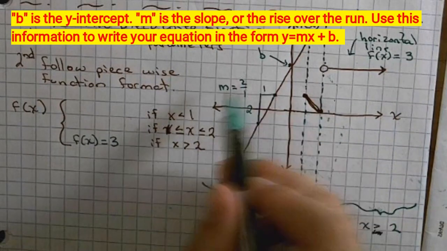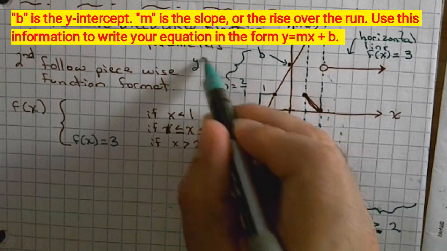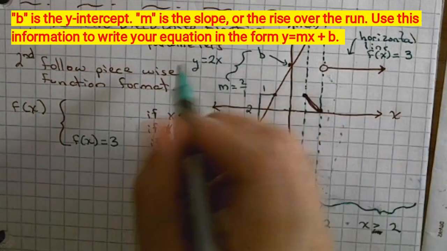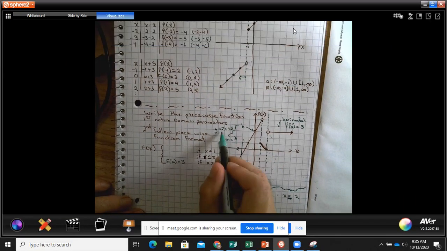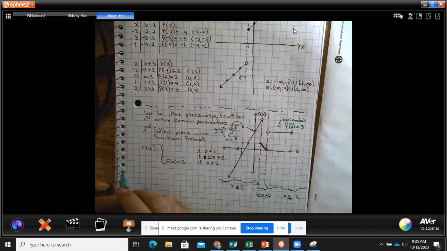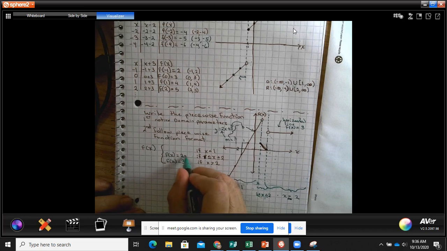So I'm going to combine those two ideas to get y equals 2x plus 3. That's my m and that's my b. So f of x equals 2x plus 3.